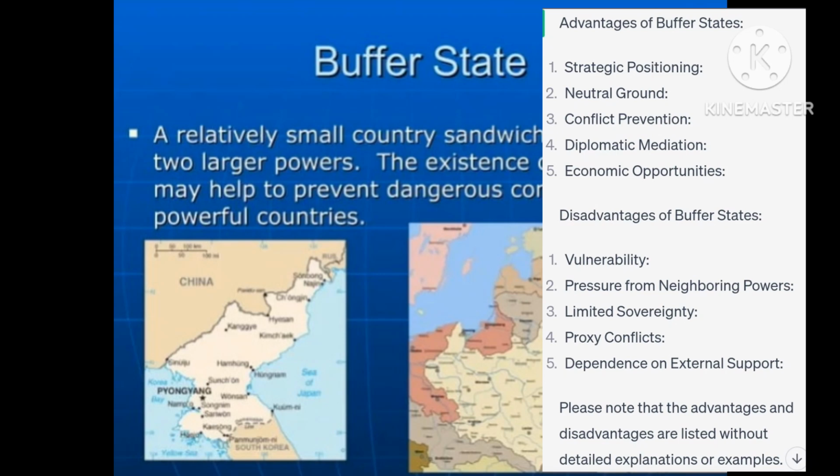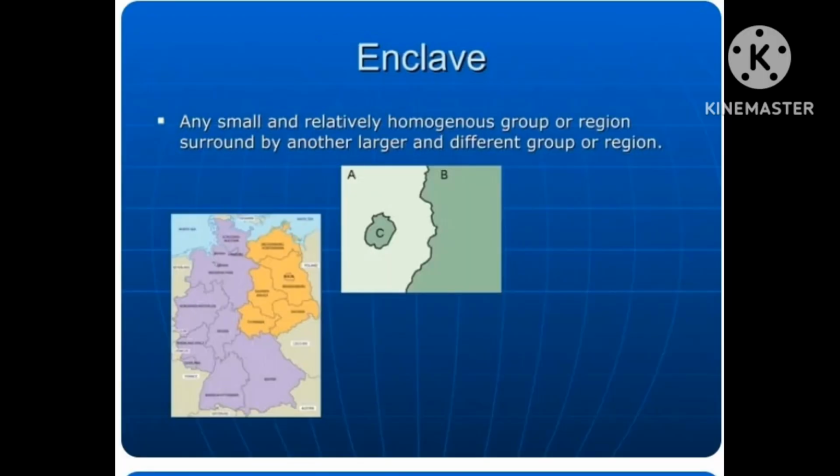Buffer states, and another example we can also mention here. The next state is enclave state. A small and relatively homogeneous region or group surrounded by another large and different group or region is called an enclave state.